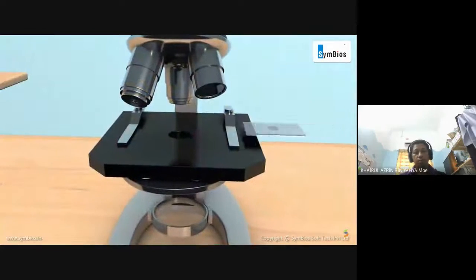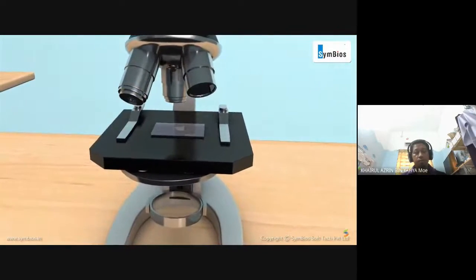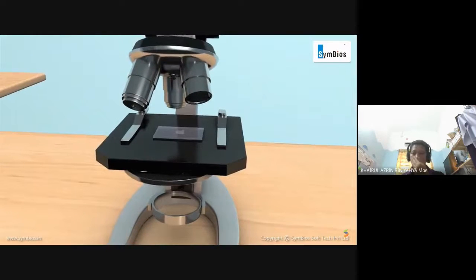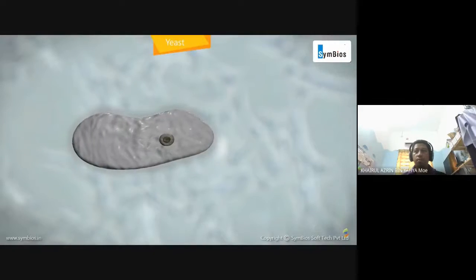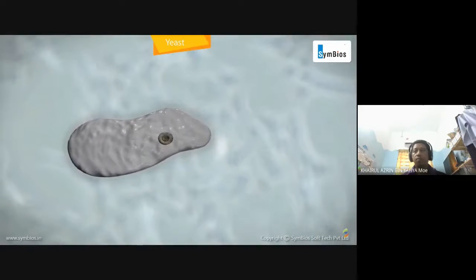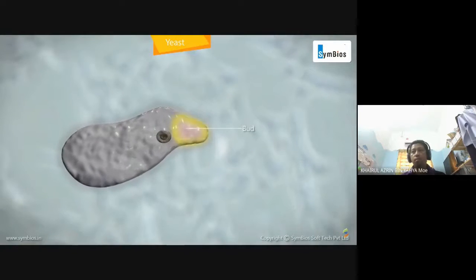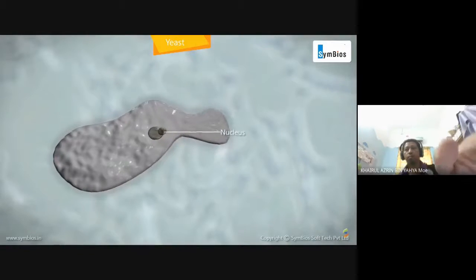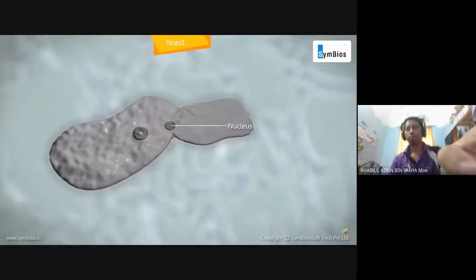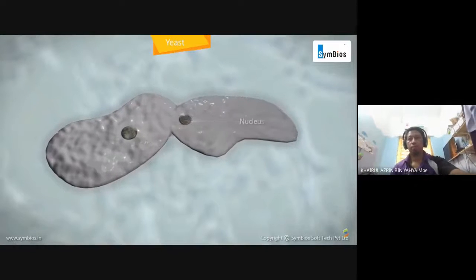If you view a solution of warm water, sugar, and yeast powder under the microscope, you will observe in yeast that a little cytoplasm accumulates at one end of the cell and the bud is formed. The nucleus divides into two and one of them enters the bud.